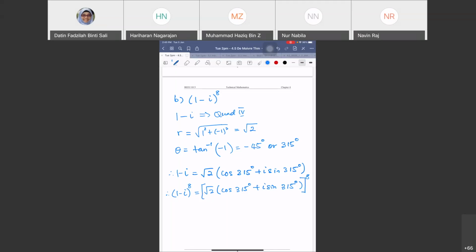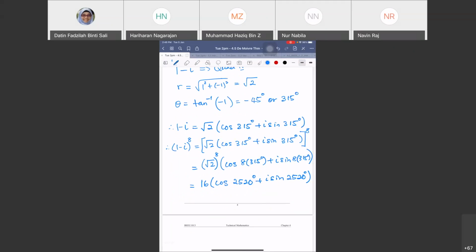Using de Moivre's theorem, r is raised to the power 8, and for the cosine, our argument we just multiply, so 8 times 315, plus i sine 8 times 315. If you use your calculator, you get 16, and for the argument you will get 2520, plus i sine 2520.